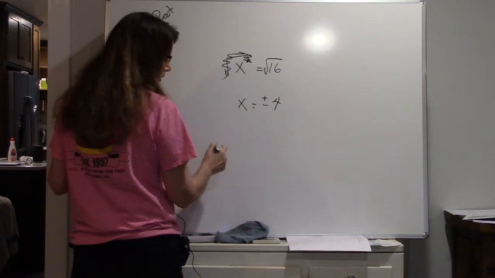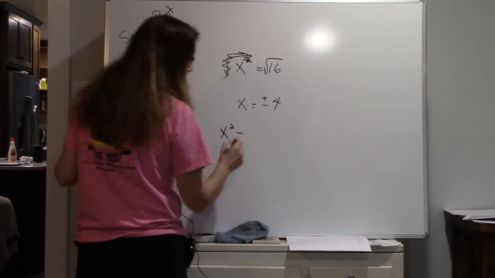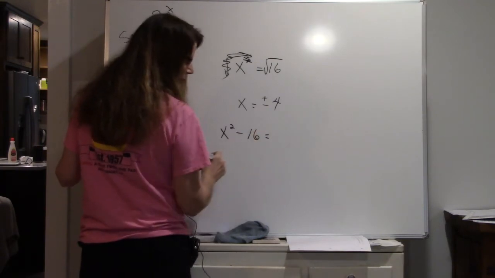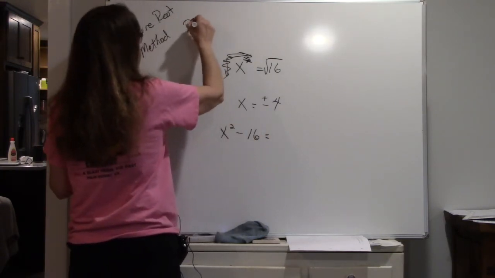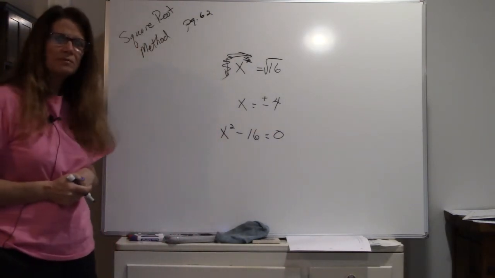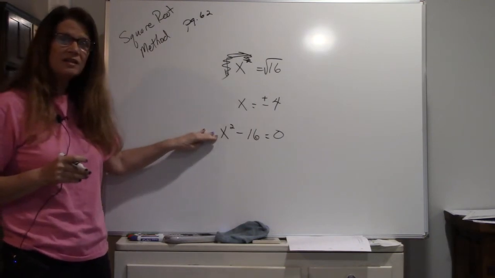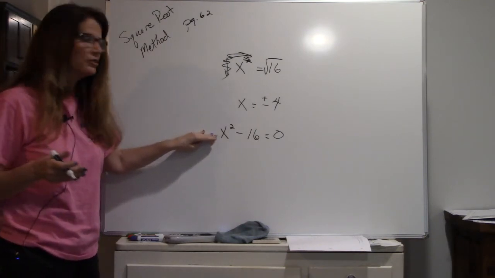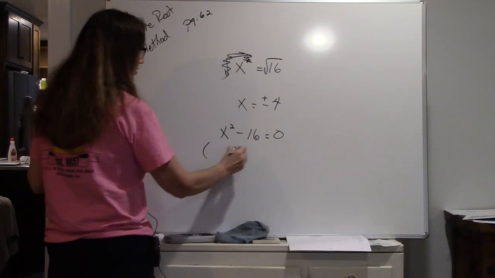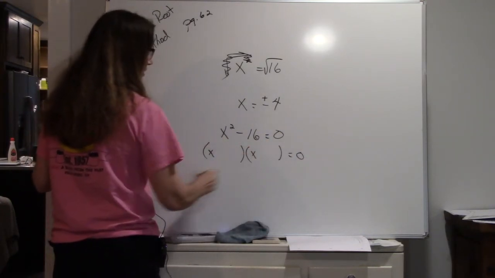Let's say you had, this is like number 11 on page 62. So we have it set to 0. There are 2 ways to do this. If you recognize this as the difference of 2 squares, you can go ahead and factor this. Square root of x squared is x and x.